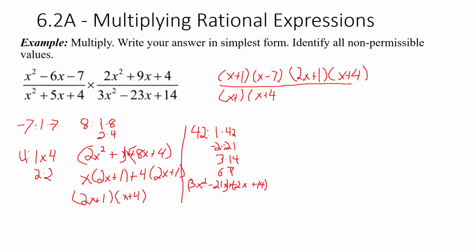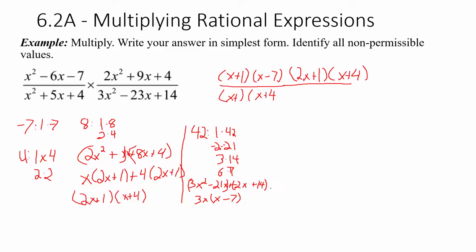Now, from 3x squared and 21x, they both share a factor of 3 and an x. So we're left with x minus 7.